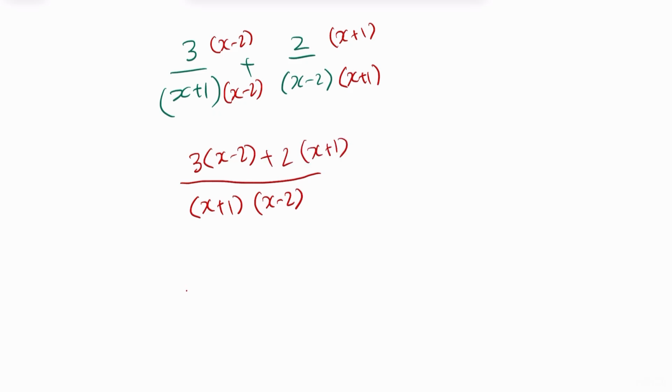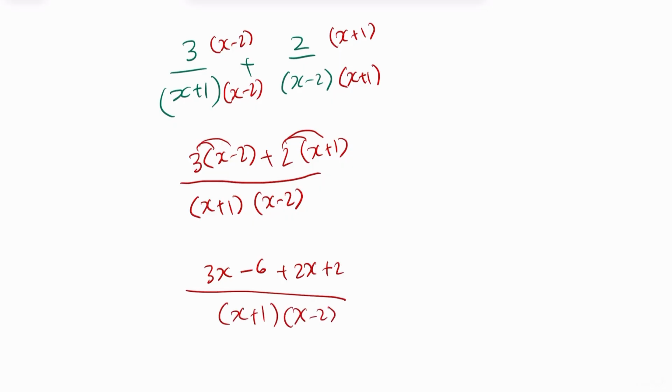After that we need to simplify more, so let's expand here and there, and we come up with 3x minus 6 plus 2x plus 2 over x plus 1 x minus 2. After you simplify more, we come up with 5x minus 4 over x plus 1 x minus 2.